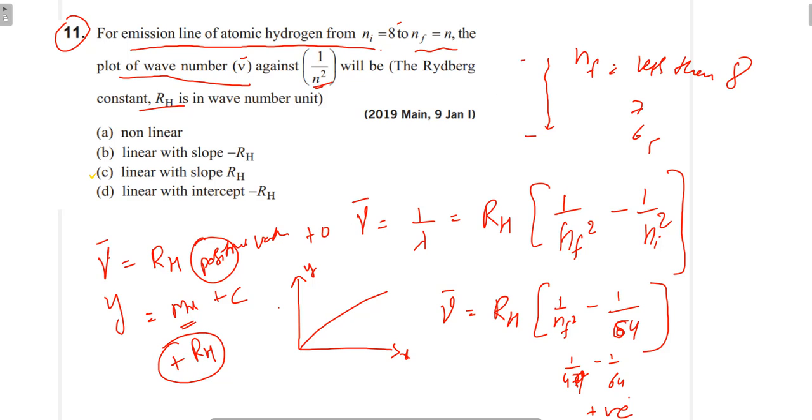The electron is falling from the 8th level to maybe the 7th level, 6th, 5th, 2, 1, whatever. Okay, so your answer is, the line is linear with slope RH. So C is your answer. Okay, C is your answer. Bye. Thank you. You solve the remaining questions and ask doubts.